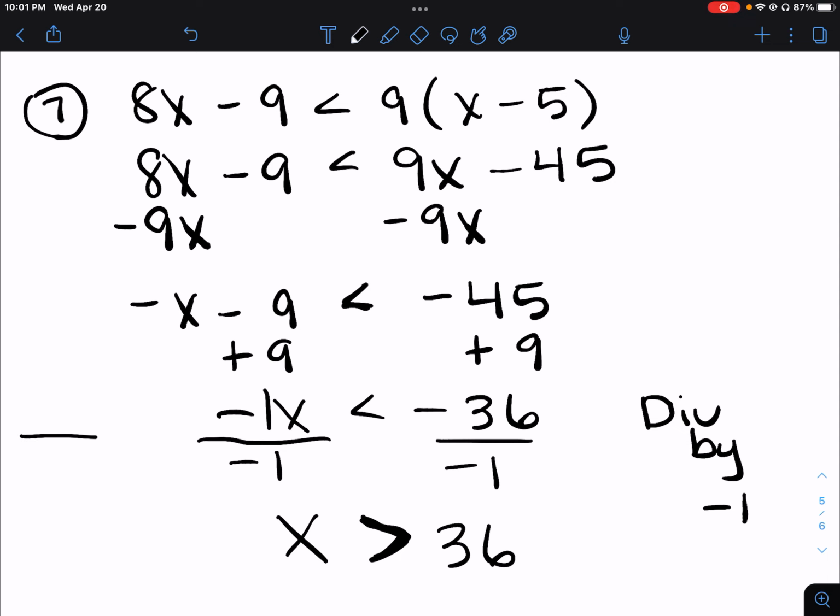Greater than, numbers are bigger on the right. It doesn't have or equal to, so we're not including. Okay, so parentheses 36 to infinity. Okay, it's parentheses because we don't have the or equal to.